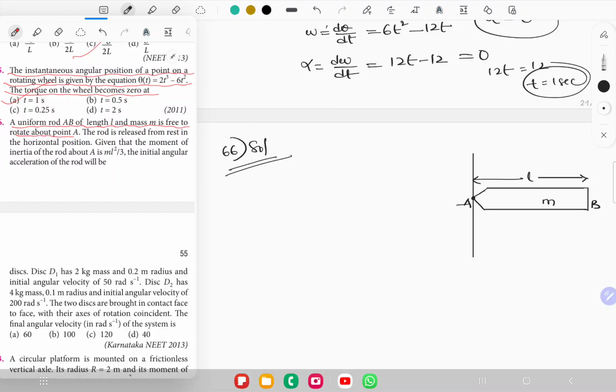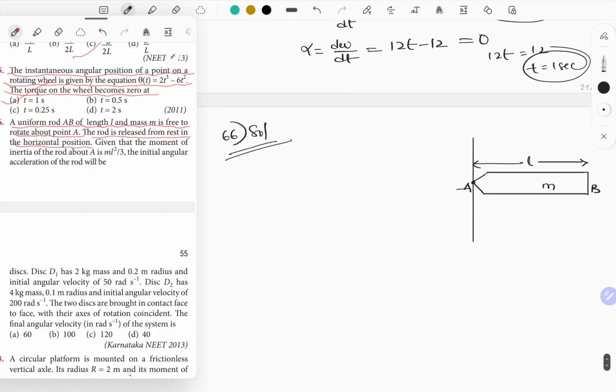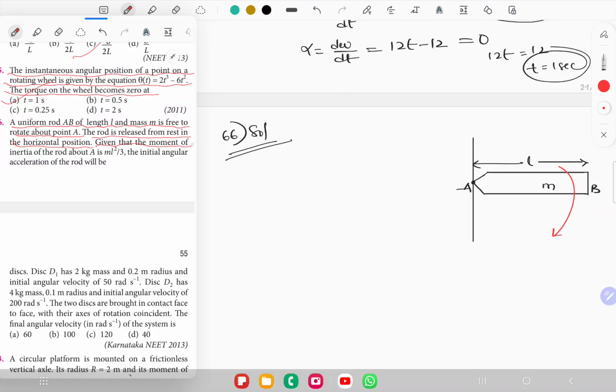Free to rotate about a point A. So the rod is released from rest in the horizontal position. Super. So if it is released, it tries to rotate in this direction. Okay, so this is how it is going to rotate. Okay, given that the moment of inertia of the rod about point A is mL square by 3.